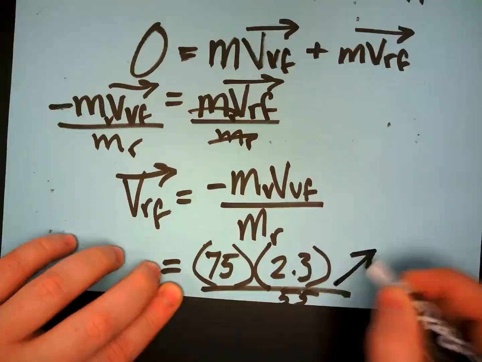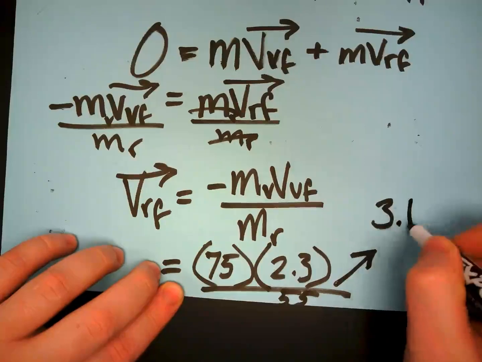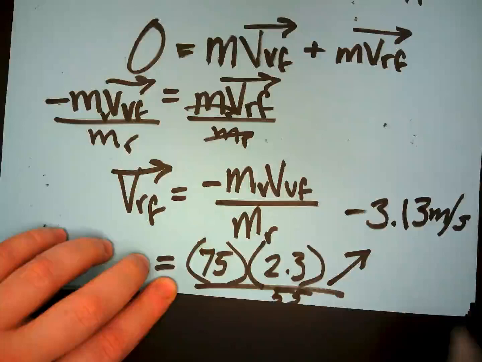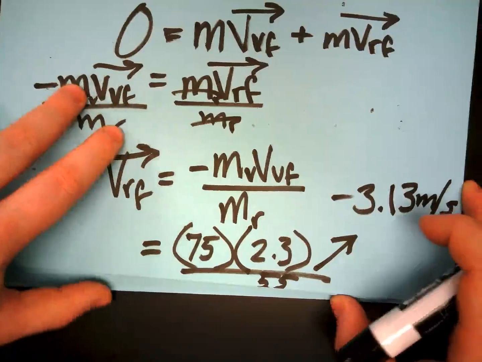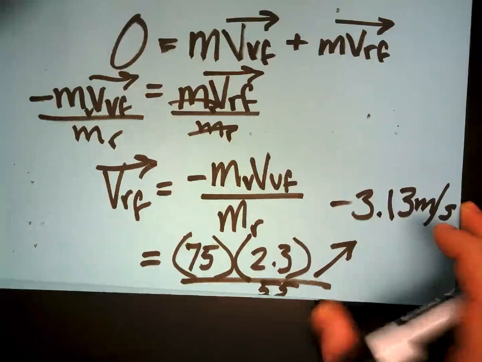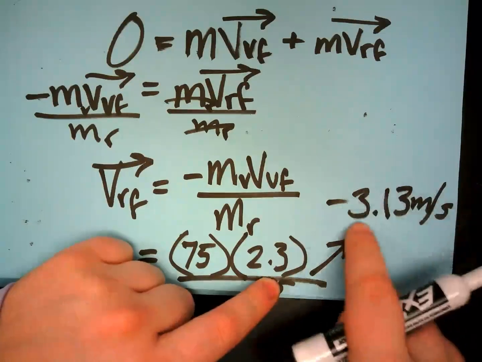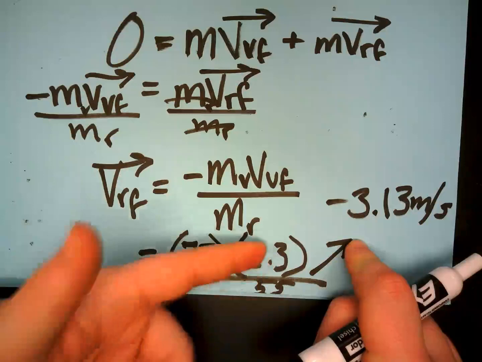And what we find here is 3.13 meters per second. Not just that, negative 3.13 meters per second. So even if we didn't know that the boat was going to move in the opposite direction before going in, we definitely know now. It's a negative 3.13 meters per second.